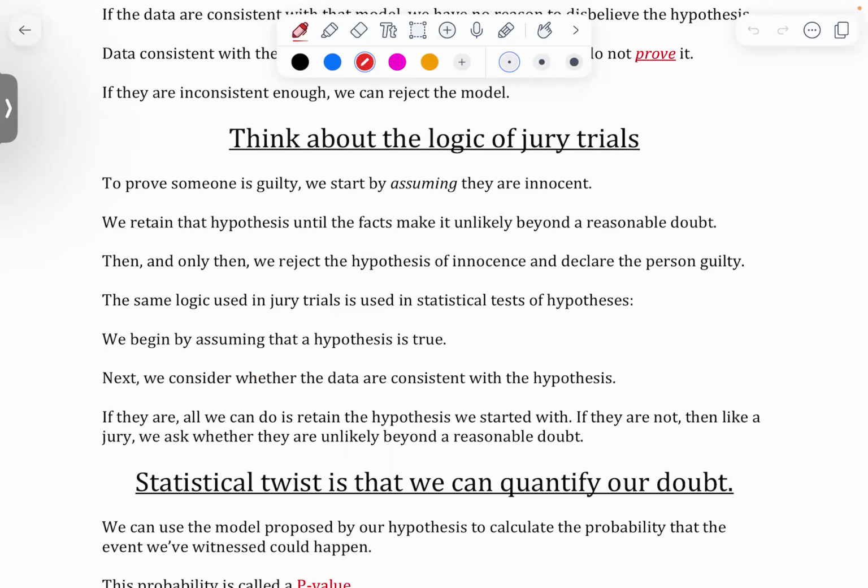We start with the assumption the defendant is innocent, and then we try and prove beyond a reasonable doubt. At that point, that's when you say guilty or not guilty for the verdicts. Evidence is presented based on the hypotheses that were initially created.